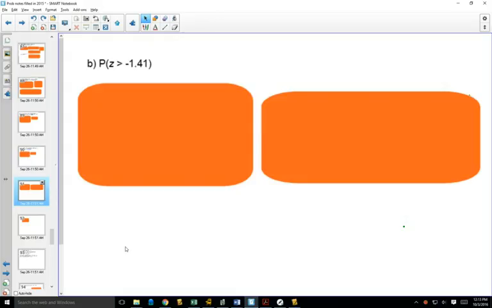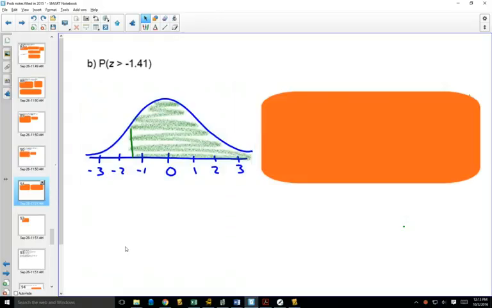So in the second one, same kind of idea. Draw a picture. The nice thing about drawing a picture is it should give you a sense of what that percentage should be. This percentage should be bigger than 50% because it's more than half of the bell curve.